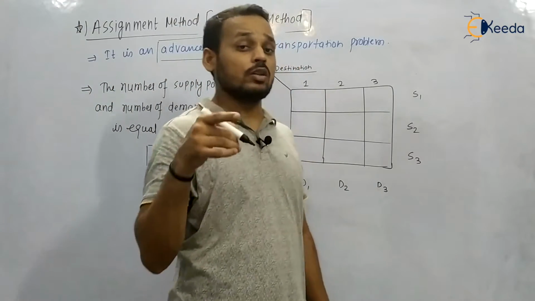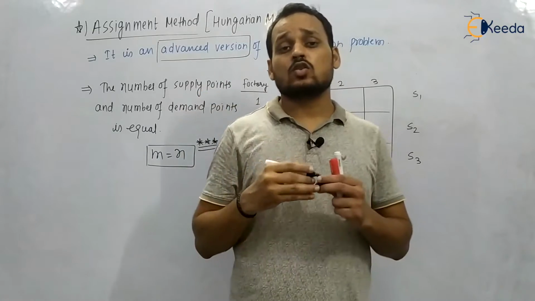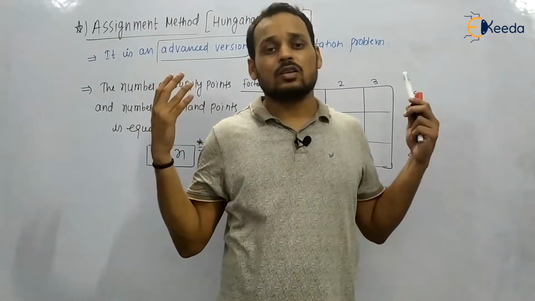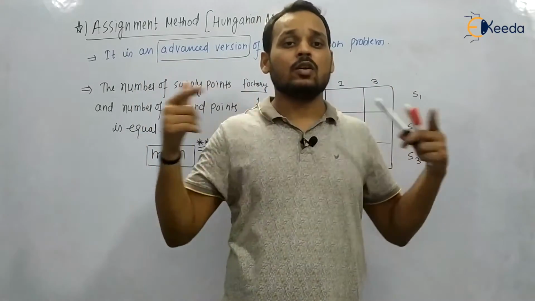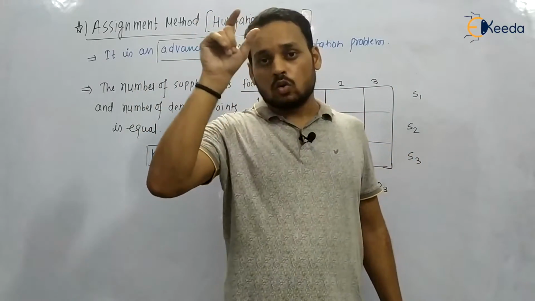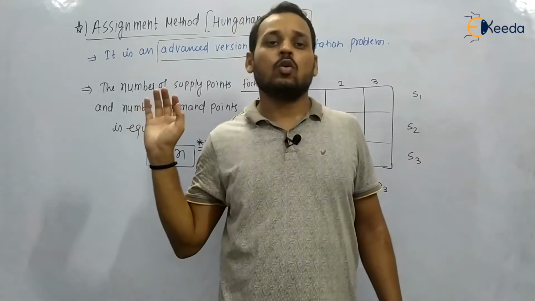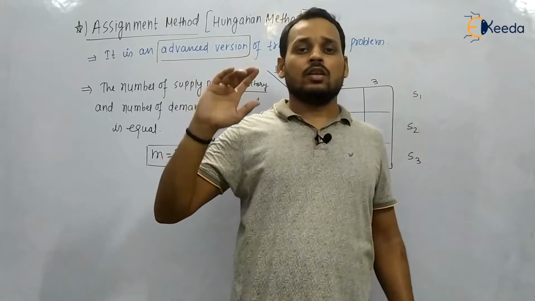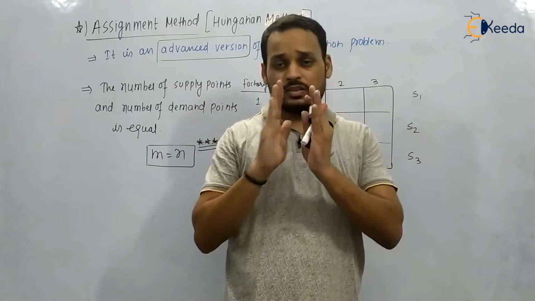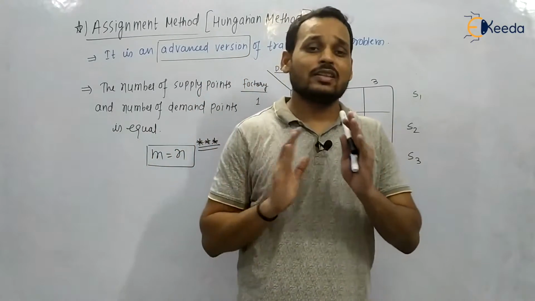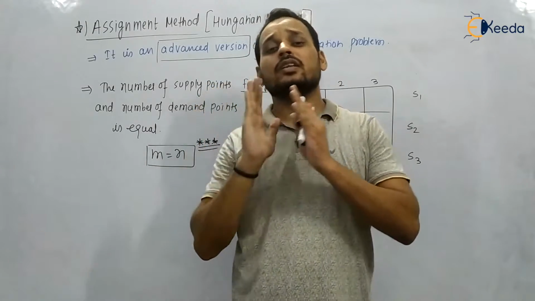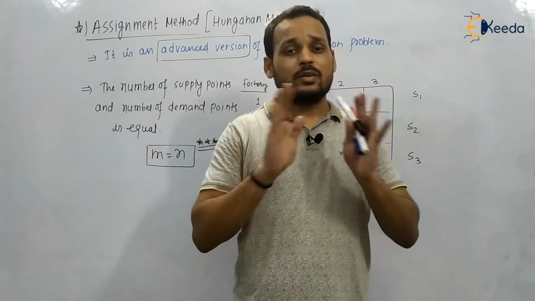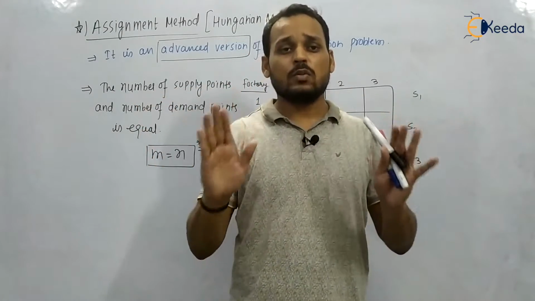Suppose they say to solve a problem with the help of the Hungarian method or assignment method, and M is not equal to N. Then you have to make it so by providing a dummy row or dummy column, just like the transportation case. It means you have to make it a 3 by 3 or 4 by 4 matrix.